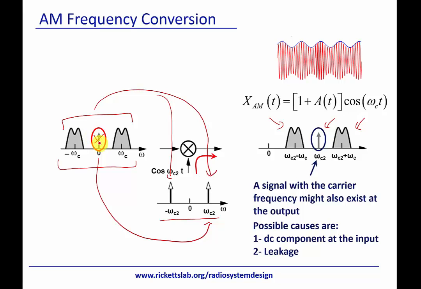And that's a great idea, but it turns out that oftentimes, even though we don't like it, there are reasons why there's a little bit of a DC signal, and so we end up with a little bit of a carrier here. It becomes a little bit of a problem. And this is actually the basics of AM types of modulation.